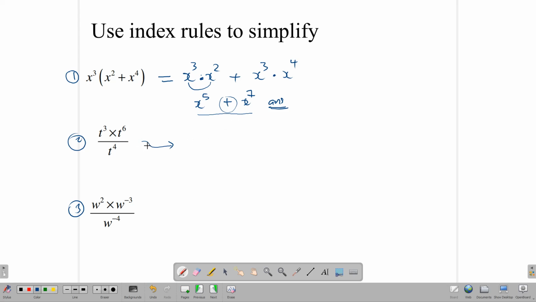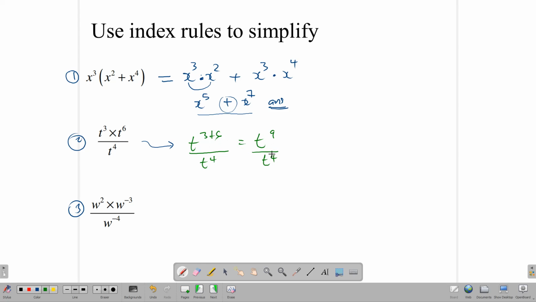In this question, we're required to do a multiplication, then a division. So we have t to the third times t to the sixth. Using the multiplication rule, we can say t raised to the 3 plus 6, divided by t to the fourth, which gives us t raised to the ninth, divided by t to the fourth.